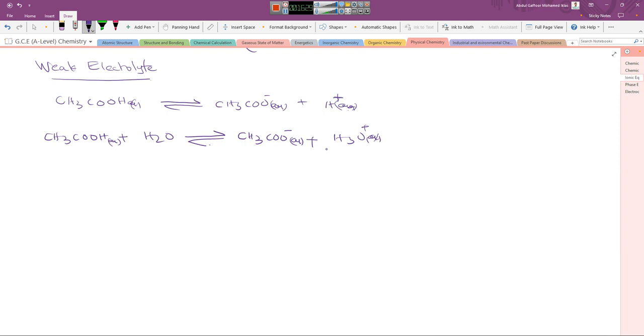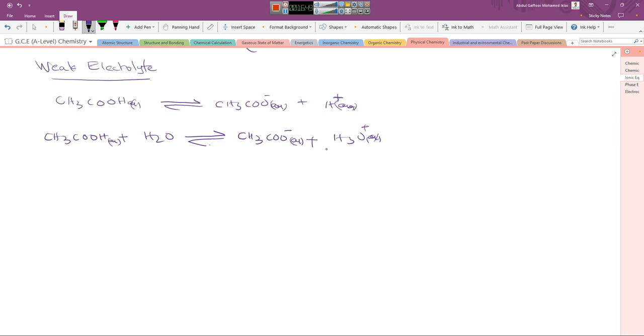Now what will happen is, initially we have CH3COOH. Gradually CH3COOH will dissociate and produce acetate ion and proton, right? So H+ ions and CH3COO- ions.